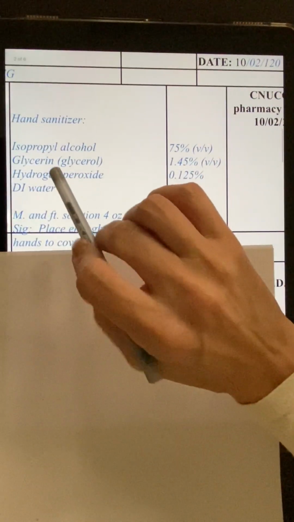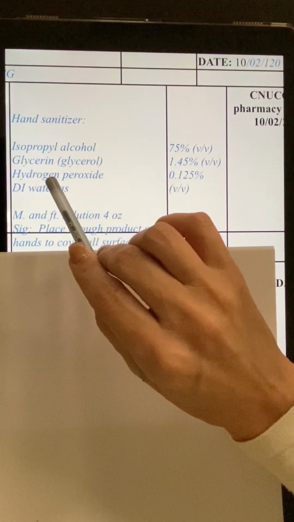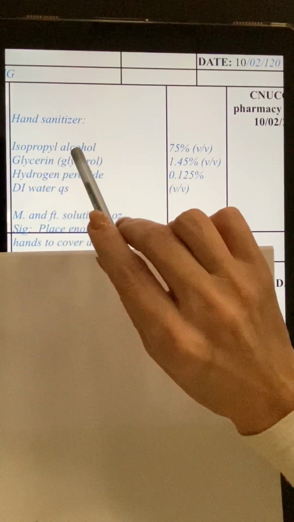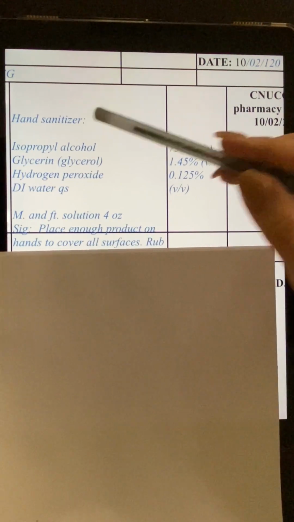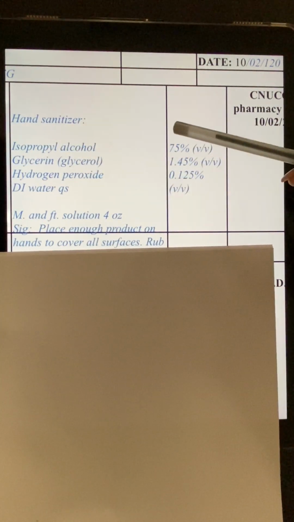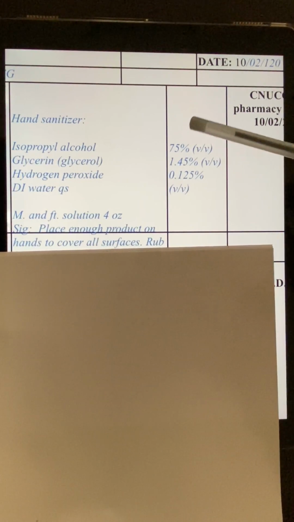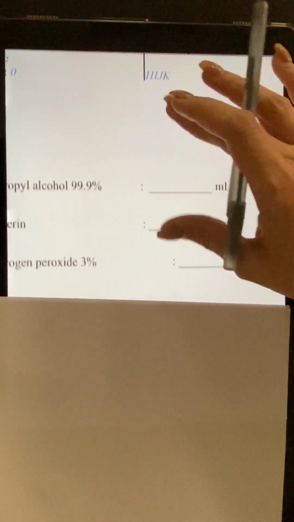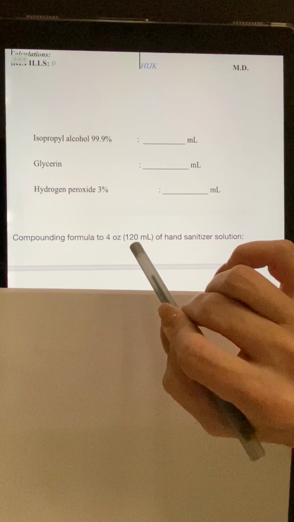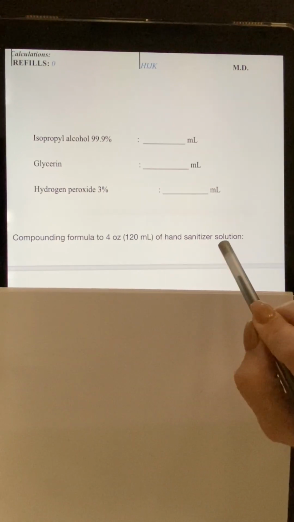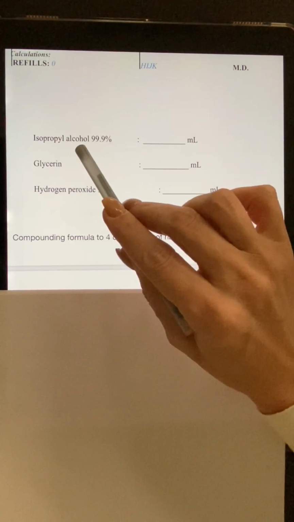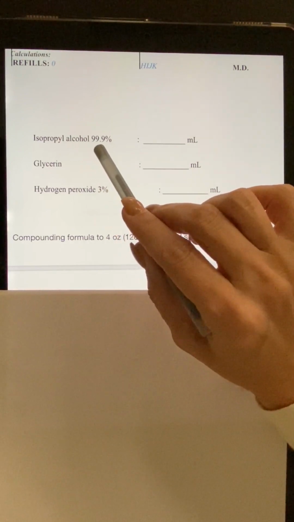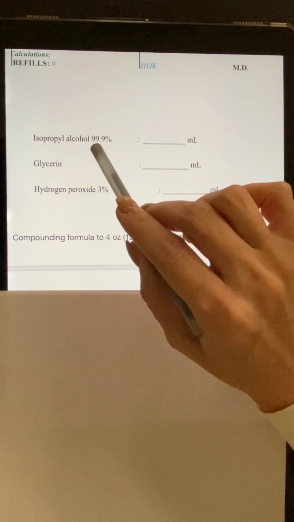Looking at the ingredients here, the final concentration of isopropyl alcohol should be 75%. You are given the final volume of the solution. You need to calculate how much of the isopropyl alcohol you need when the concentration is initially 99.9%.